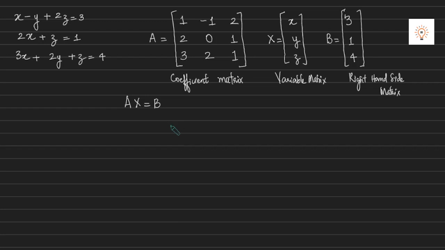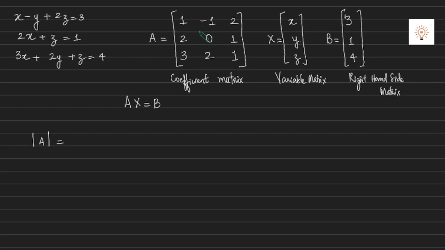Now we will proceed further. The first step going forward is to find the determinant of the coefficient matrix. How can we find the determinant of the coefficient matrix? You must know how to find the determinant of a 3 by 3 matrix. If you don't know, you can see how it is being solved here. I can expand a determinant along any row or column of the matrix.